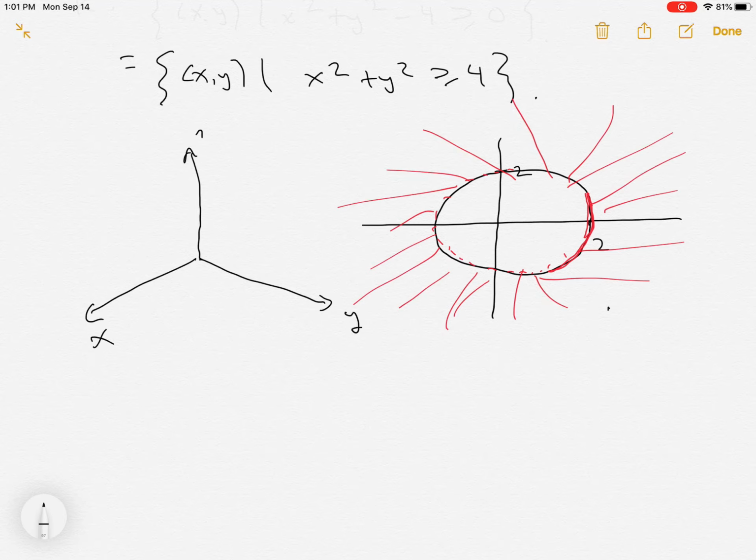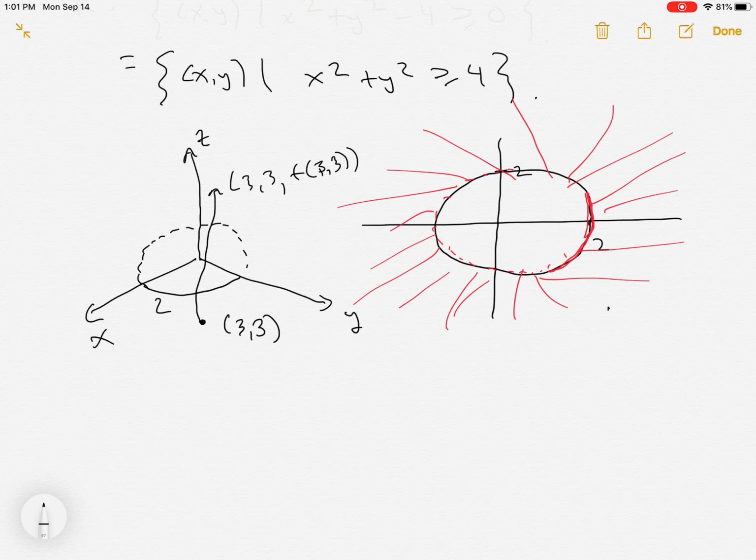So apparently, if you put in the unit circle, all the inputs are going to be outside of here. So maybe I'll pick the point over here, 3, 3, and when I hit that with F, it's going to give me some point up here, 3, 3, F of 3, 3. And anywhere on this domain, I'm going to have outputs.